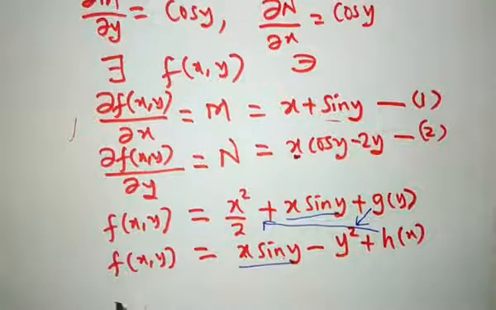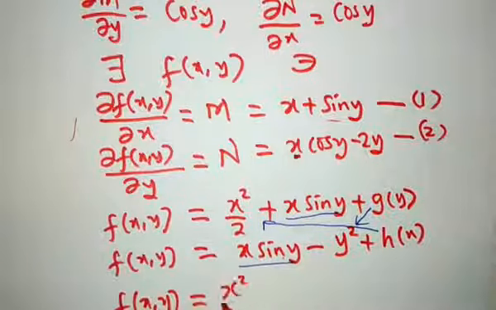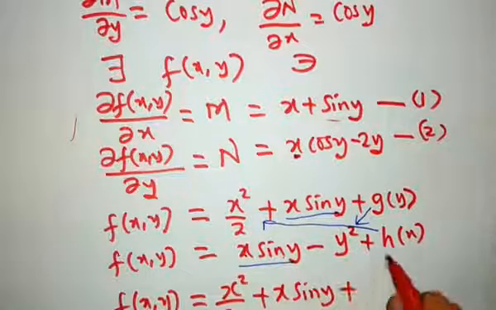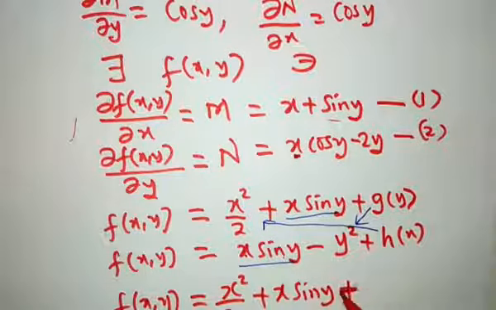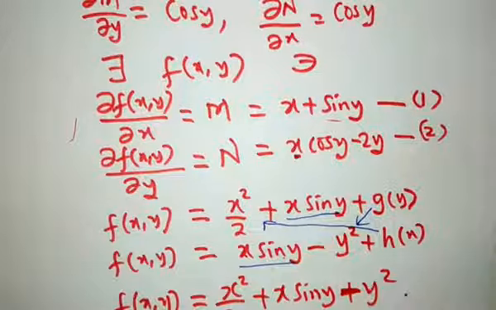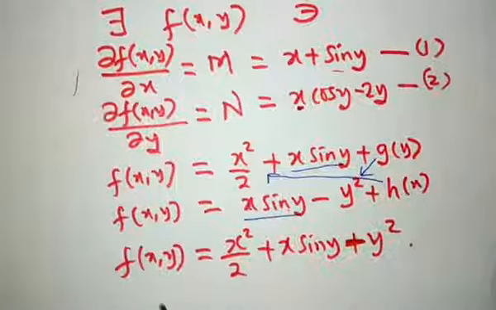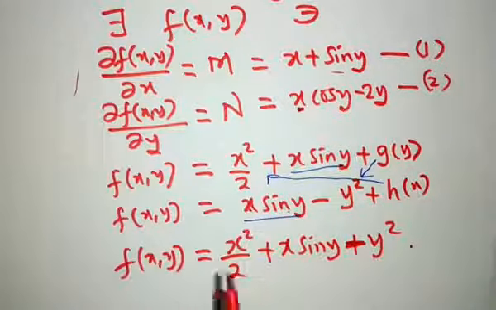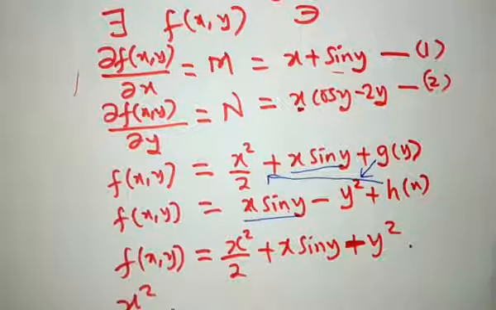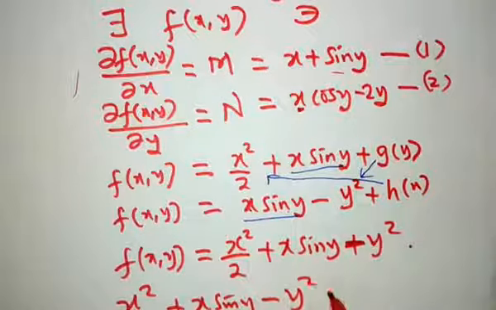So it implies that f of x comma y equals x squared over 2 plus x sine y plus g of y, or minus y squared. So this is our function. Hence the solution to the original differential equation is x squared over 2 plus x sine y minus y squared equals c.